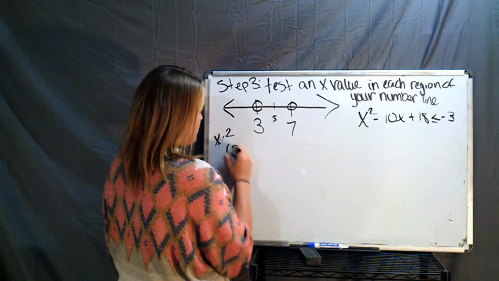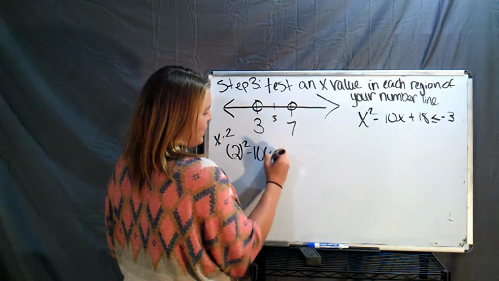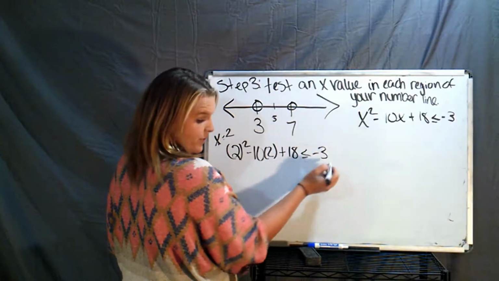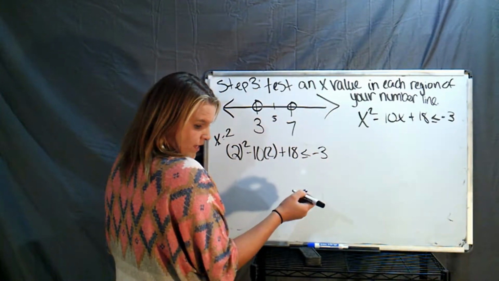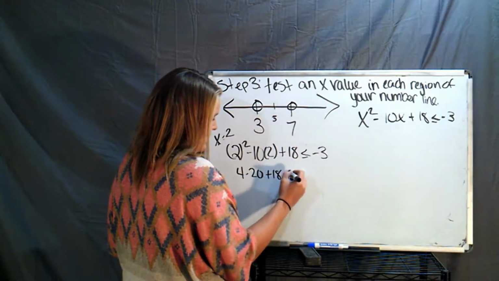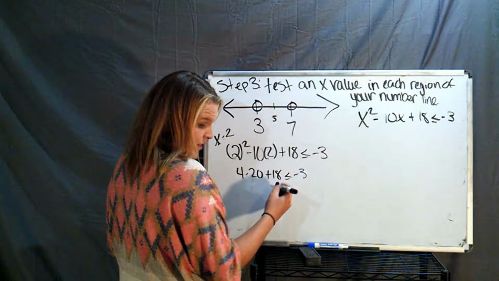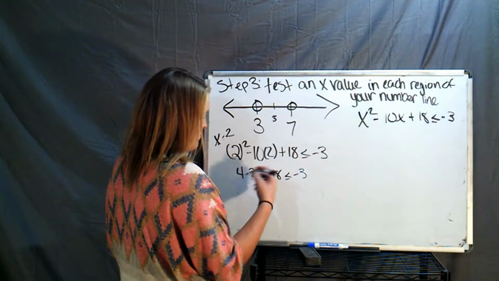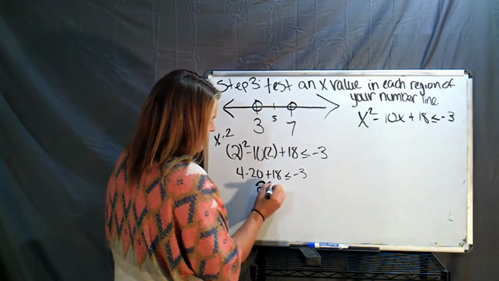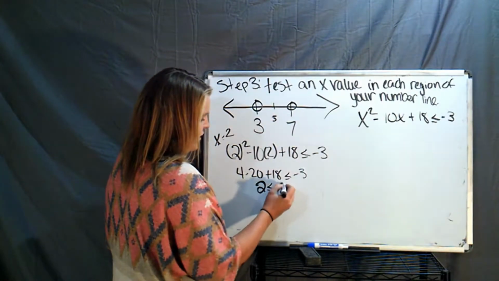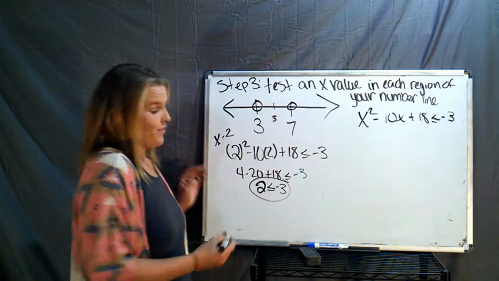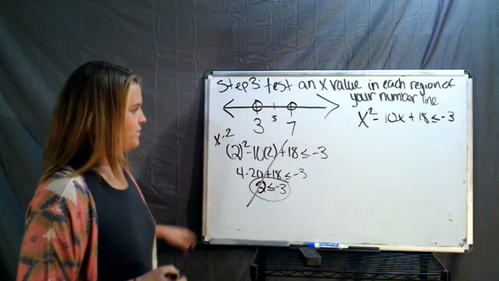I will have 2 squared minus 10 times 2 plus 18, so 4 minus 20 plus 18, which is 2. So 2 is less than or equal to -3. Is this true? No, because 2 is greater than -3. So this is not going to work.